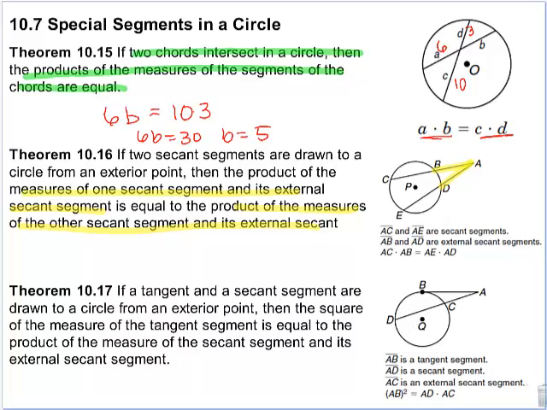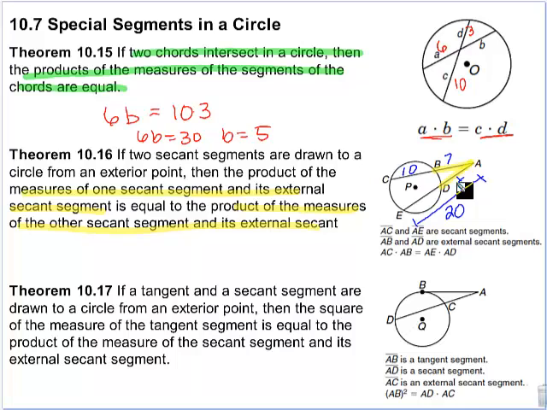So let's say this is 10, that's 7. And the whole length here is 20. We want to find what the piece outside is. So you would take the entire length times just the segment outside.